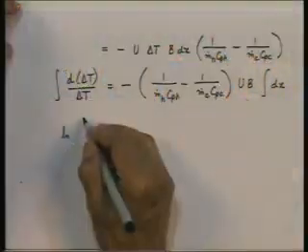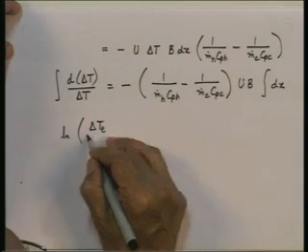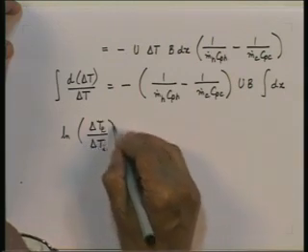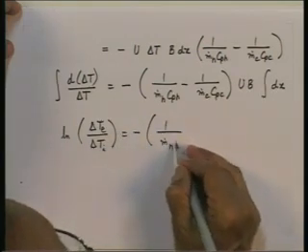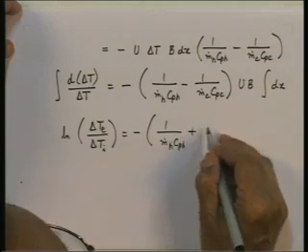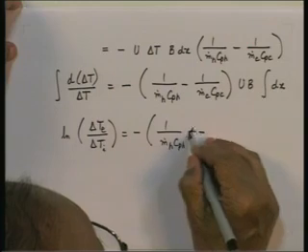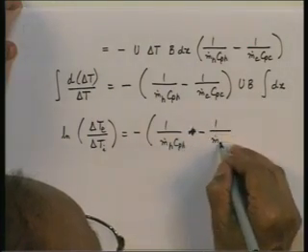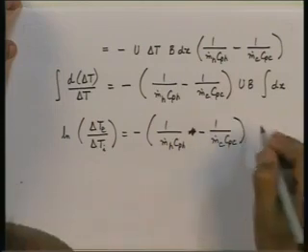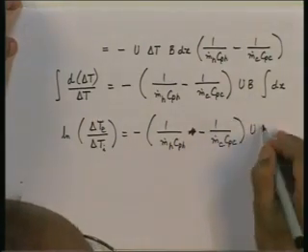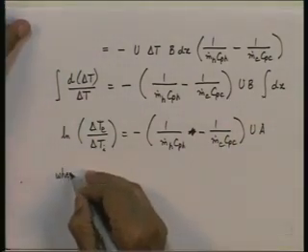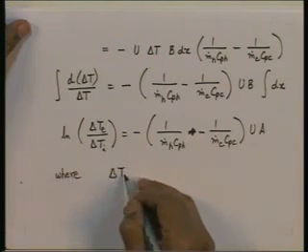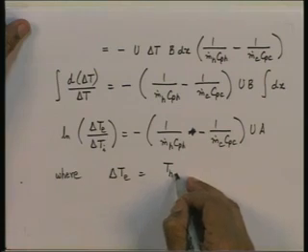Performing the integration, I will get the logarithm to the base e of delta T e by delta T i is equal to minus 1 upon m dot h Cph minus 1 upon m dot c Cpc multiplied by U B L, which is nothing but U A, where keep in mind however that in counter flow delta T e is Th e minus Tc i.